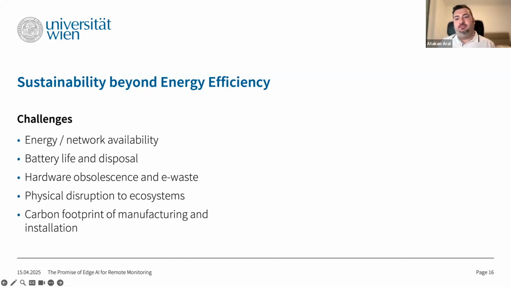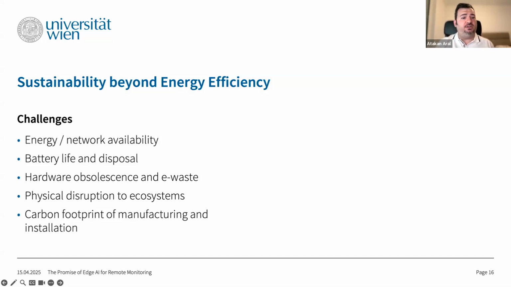You have to either maintain them or dispose of them. If you leave them in the environment, this is a hazard, of course. In harsh environments, battery life can be reduced and frequent replacement might be needed. And of course, batteries usually contain hazardous materials as well.